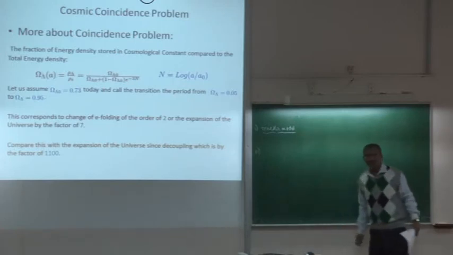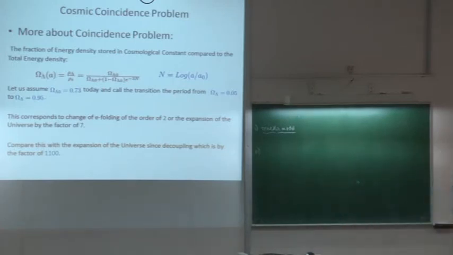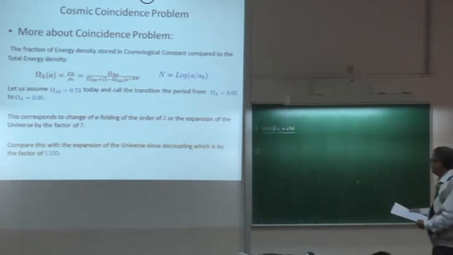So in this model you don't have to fine-tune your initial condition to get some value or some behavior of dark energy at present. Whatever your initial condition, your evolution equation is such that at late times the dark energy will always dominate, and once it starts dominating, it will accelerate the evolution. This is the model sometimes called the tracker model.